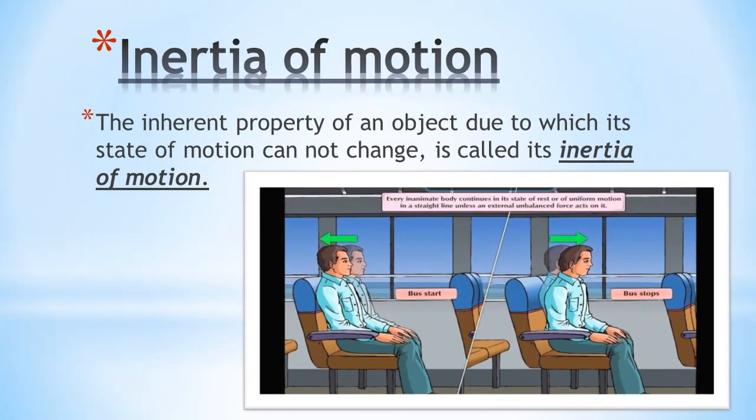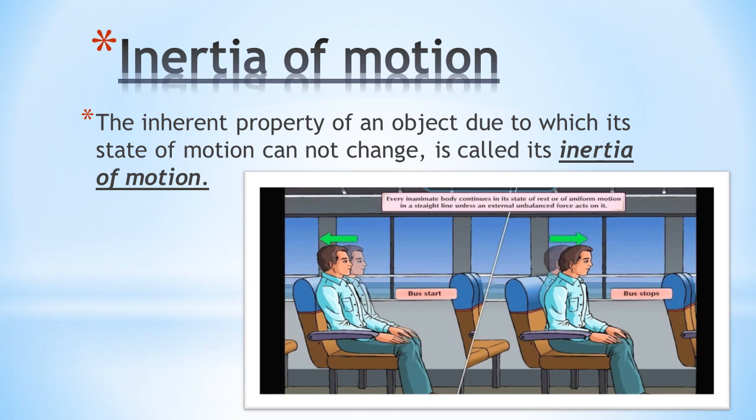Now let's see the next type of inertia, that is inertia of motion. So students, the inherent property of an object due to which its state of motion cannot change is called its inertia of motion. The motion of an object continues till an external force acts on the object to stop it.